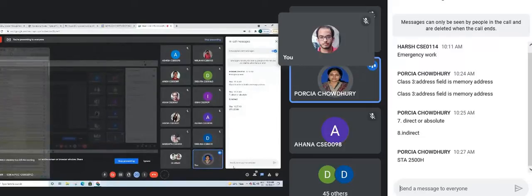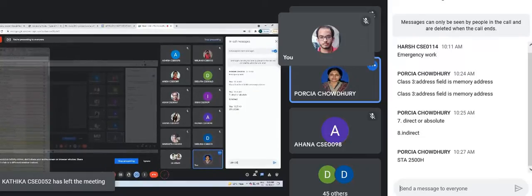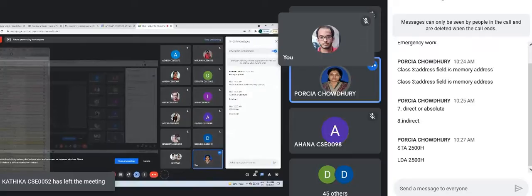The next example is LDA 2500H. That also means almost the same thing: you have to go to the memory location 2500H, fetch the operand, and load that value into the accumulator.